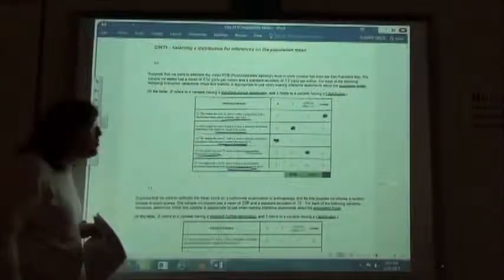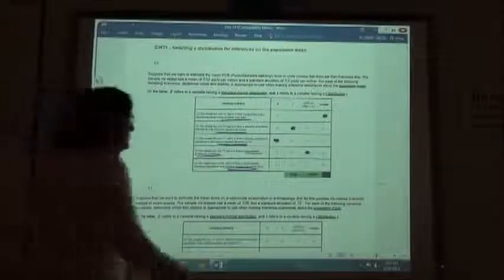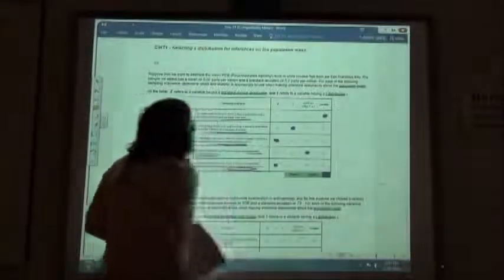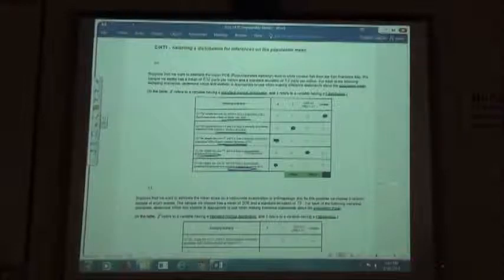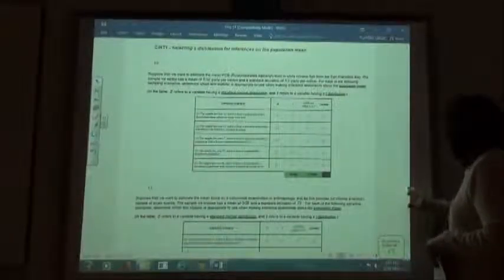Anytime we know the standard deviation, we're going to use the Z. So our table looks something like that. If you do know the standard deviation, and it says that right in the problem, you use the Z. We'll get to word problems next week, and that's why they want you to be able to pick out which table you're going to use.